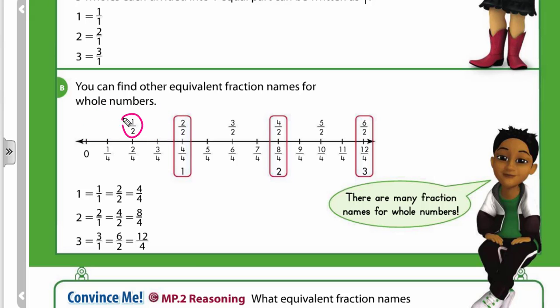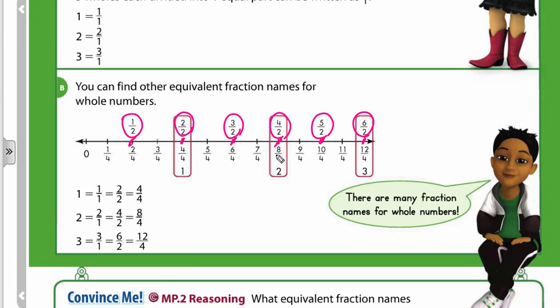So here we have 1/2, and the next mark is here, the third is here, and so on, 5th, 6th. So 1/2, 2 halves, 3 halves, 4 halves, 5 halves, and 6 halves.